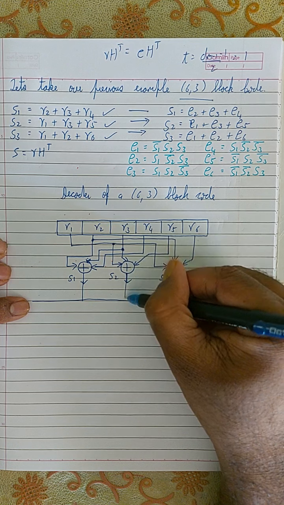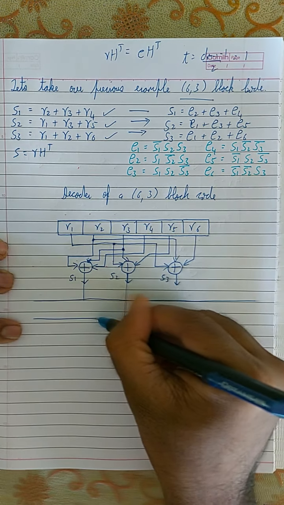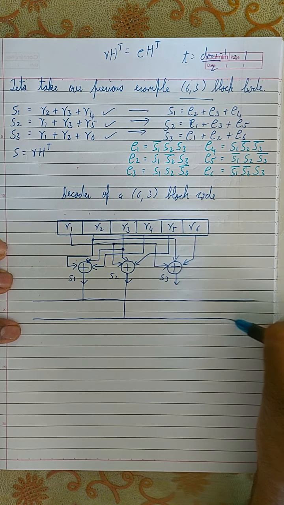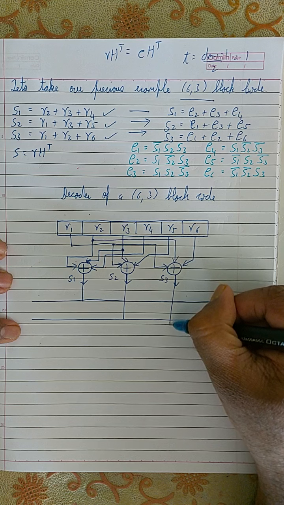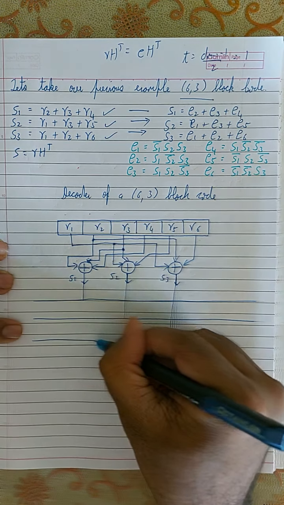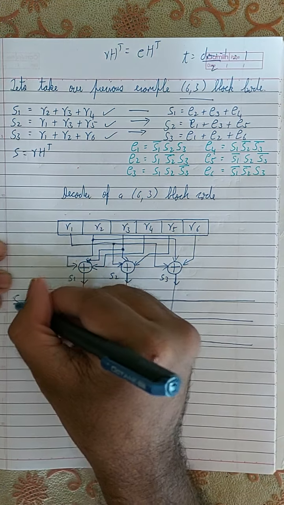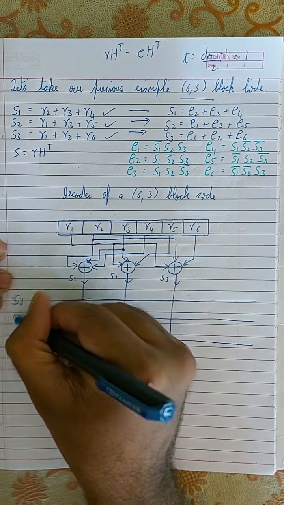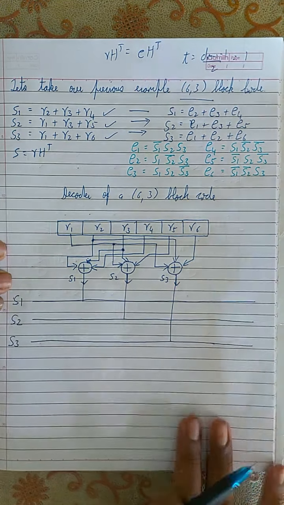Below that I will draw the signal of S2, and below that the signal of S3. So this is S1, this is S2, and this is S3.